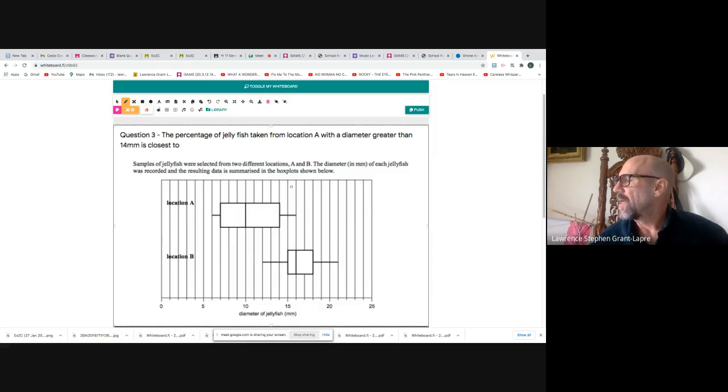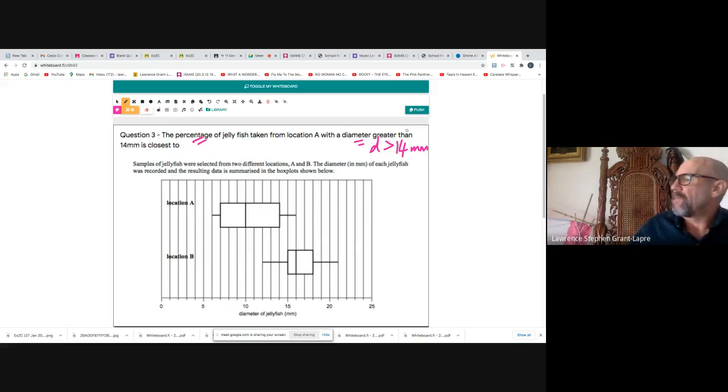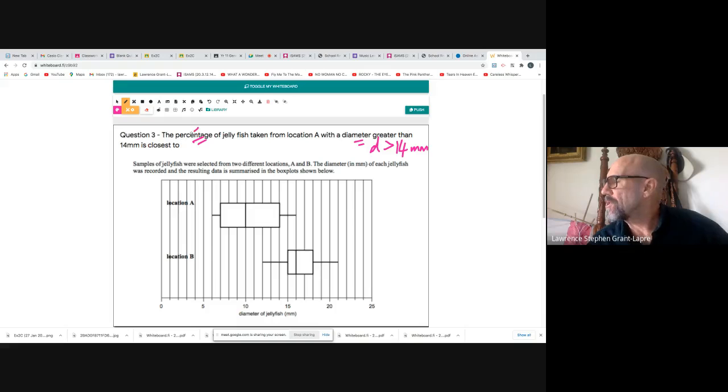The percentage of jellyfish taken from a location with a diameter greater than 14 millimeters. So a diameter greater than 14 millimeters, the percentage of jellyfish. So we have to read carefully.